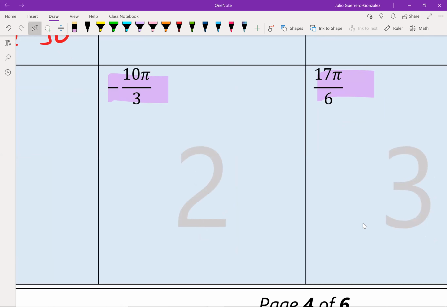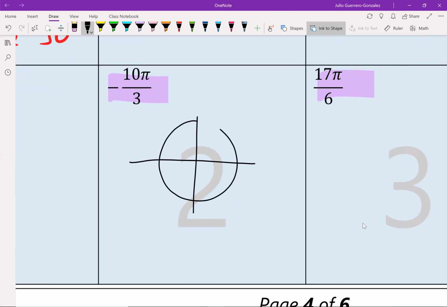So let me do this one, negative 10 pi divided by 3. So do it, start over again. So my axis, and I want to draw my unit circle. We start off the same way. Actually, I think I need this bigger.